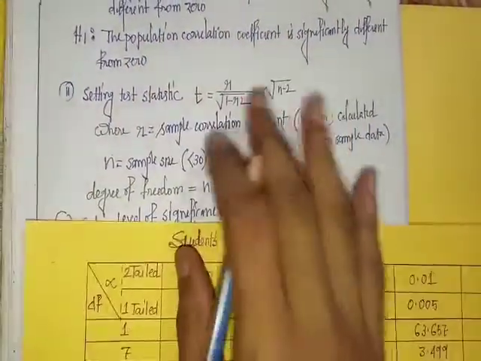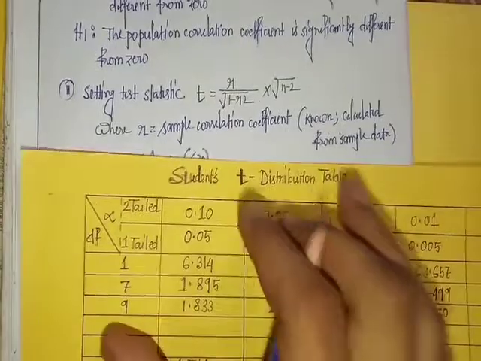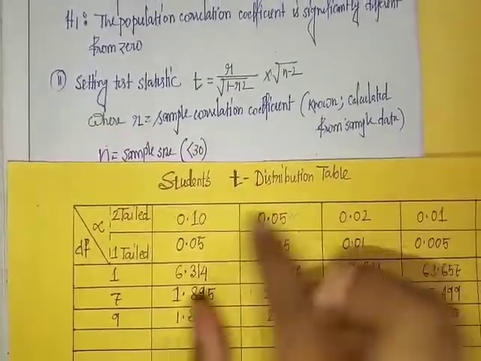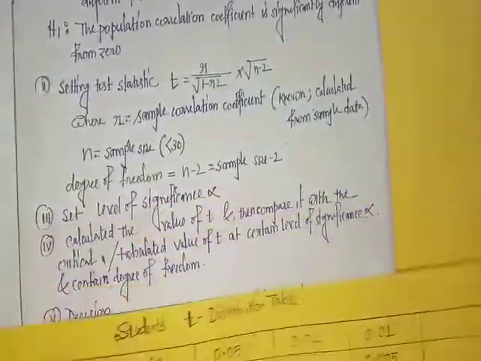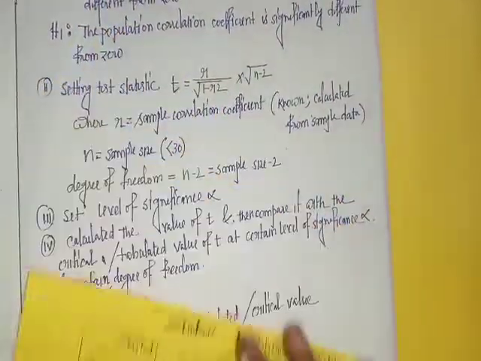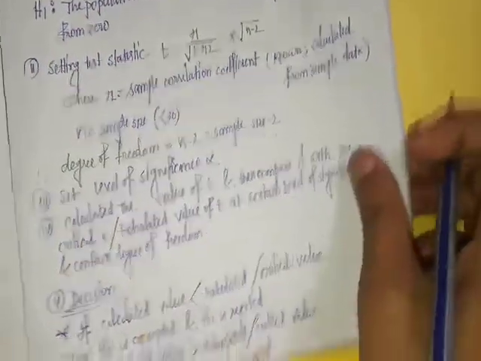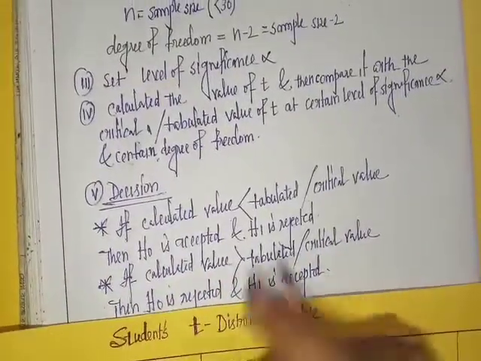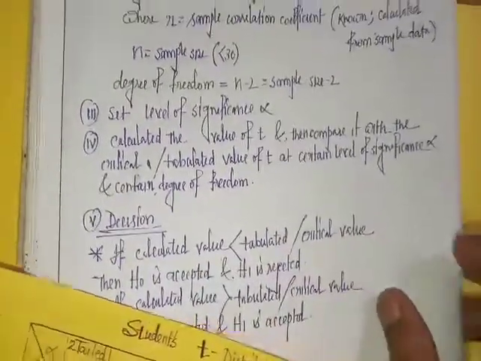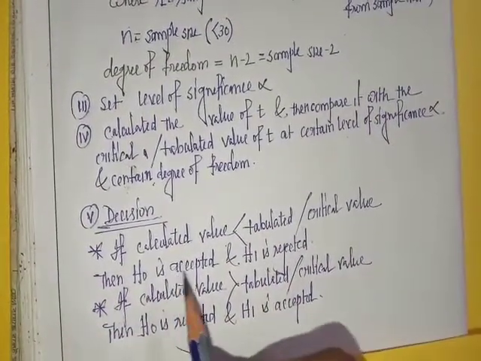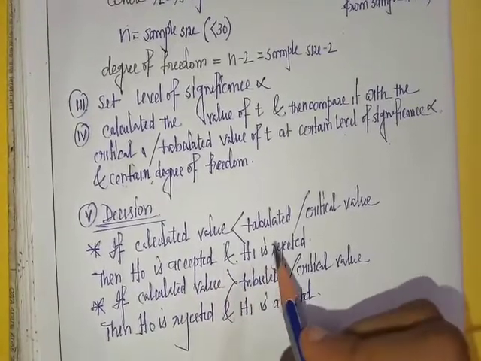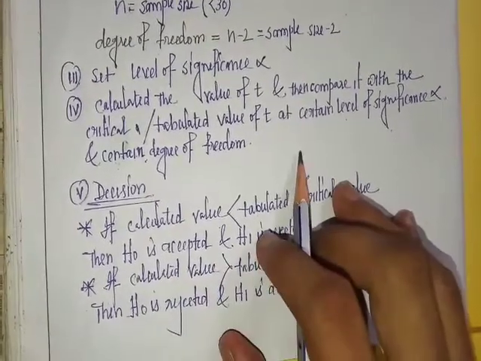Decision: if the calculated value of t is less than the tabulated value, then the null hypothesis is accepted and the alternative hypothesis is rejected.